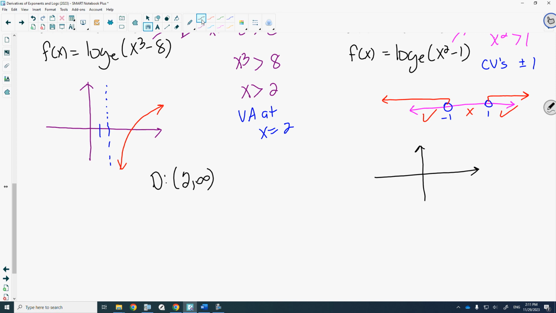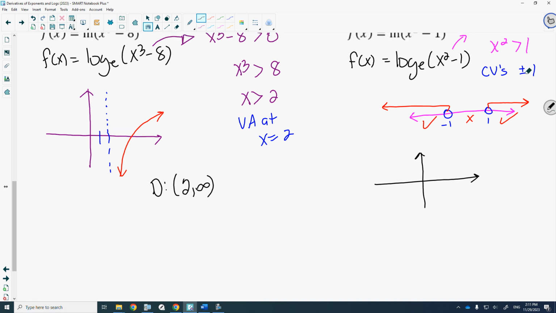I'm going to have VAs at plus or minus 1, because this is giving me the VAs of the graph. So I'm going to have a vertical asymptote at 1, and a vertical asymptote at -1. So x is equal to 1, x is equal to -1. I need to draw a log graph on the right-hand side and on the left-hand side.